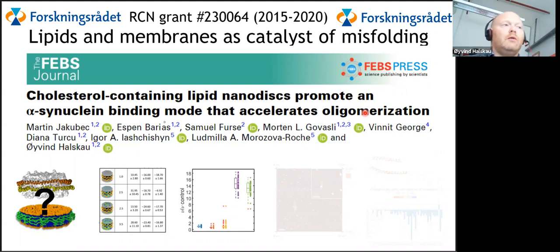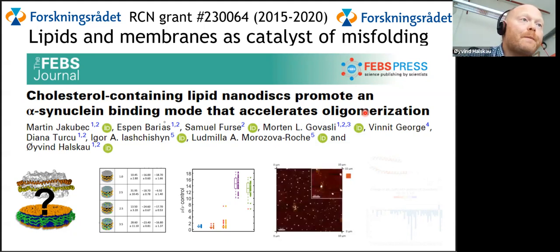Then I will show you some results which I think are nice, where we're able to associate misfolding and aggregation behavior to cholesterol that accelerates this process, and to fluid membranes which actually suppress it.